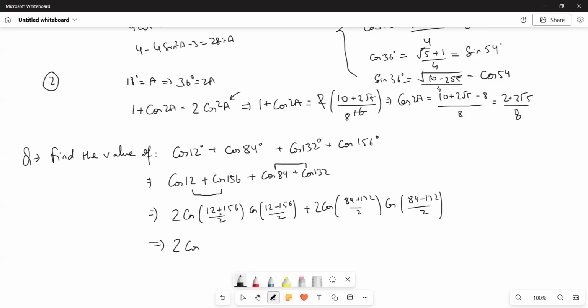So 2 cos. How much would be 156 plus 12 by 2? Sir, 84. पेयरिंग गलत कर दिया क्या? 12 132, अच्छा 12 132 करना था। कोई नहीं, चलो कोई बात नहीं। ये कितना हो जाएगा? 84 into cos of 156 minus 12 by 2.